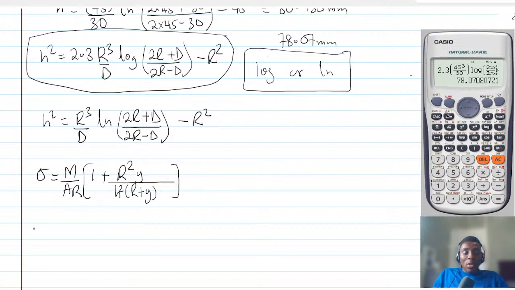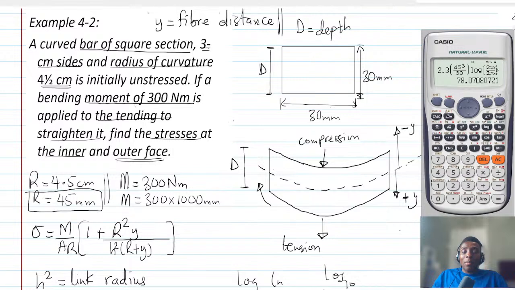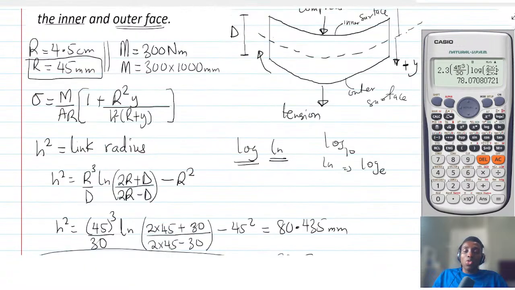Okay, so let me teach you one thing. Let's come back to this diagram. If you are looking at the top surface, then the inner and the outer. This part is called the inner surface, and this is the outer surface.